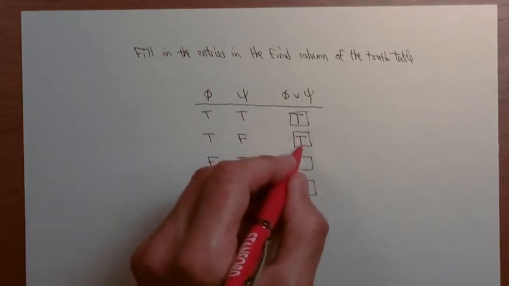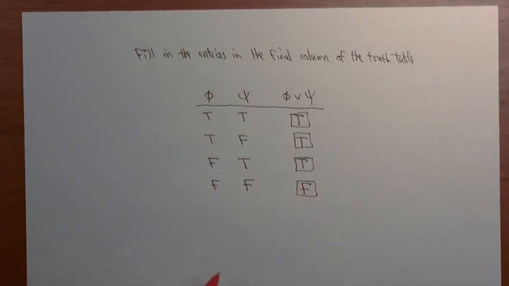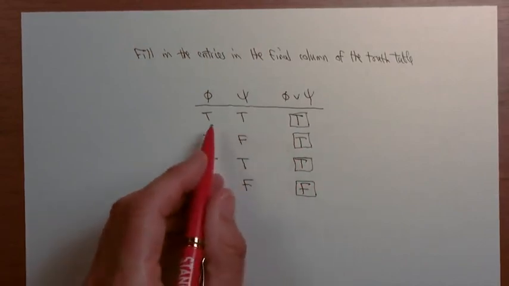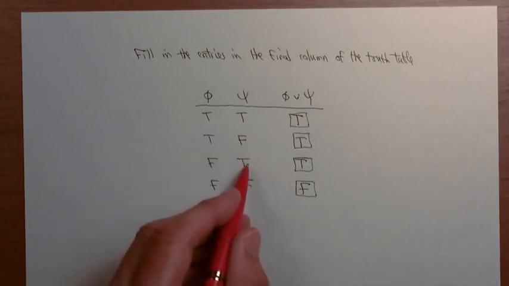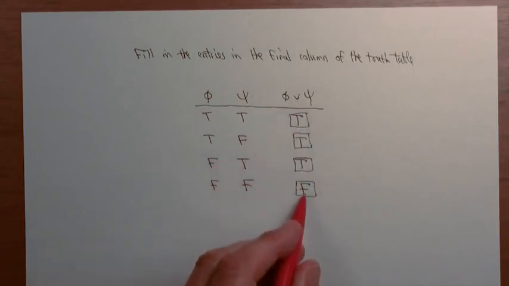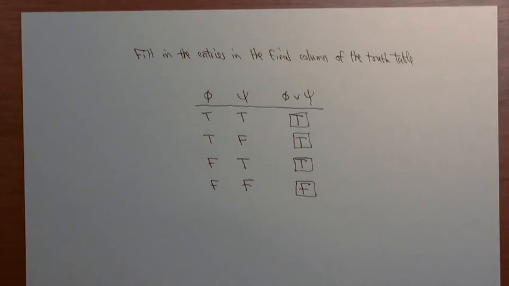True, true, true, false. The disjunction is true if both are true, if one is true, or if the other is true. The only time when a disjunction is false is when both disjuncts are false. Okay, so now we've sorted out the meaning of the word or.